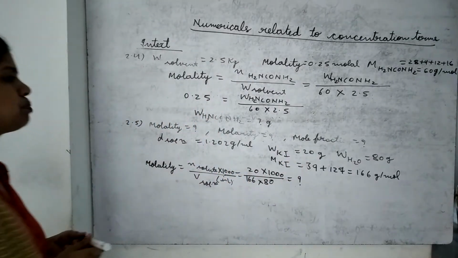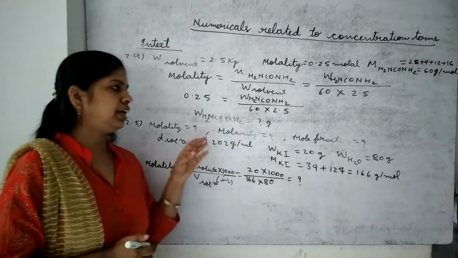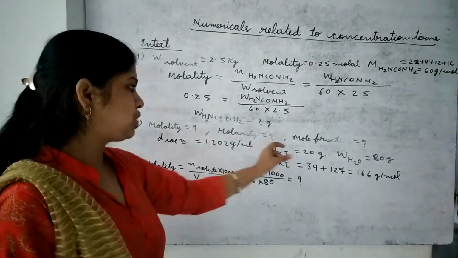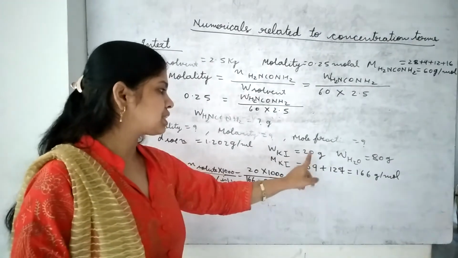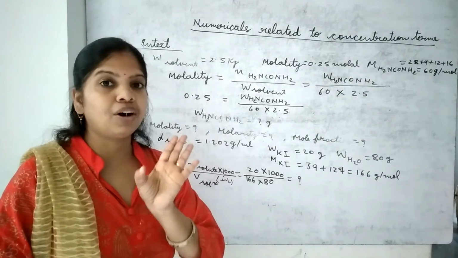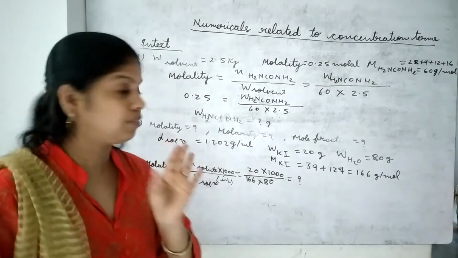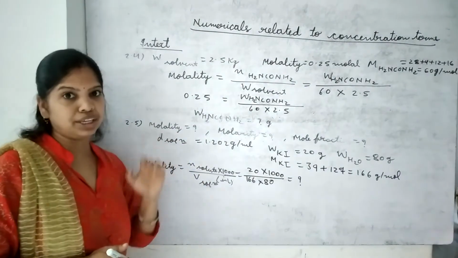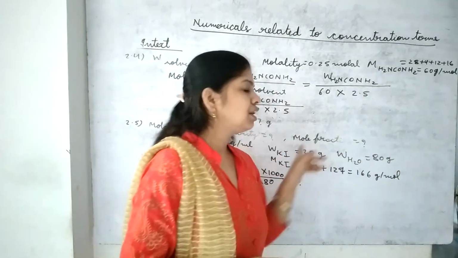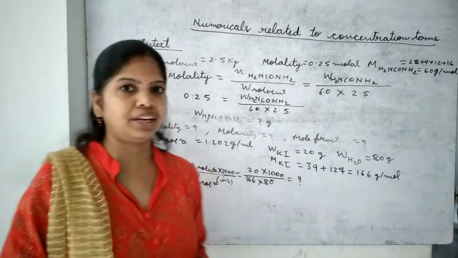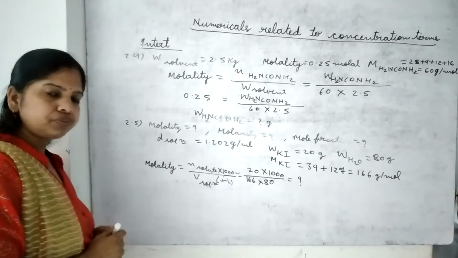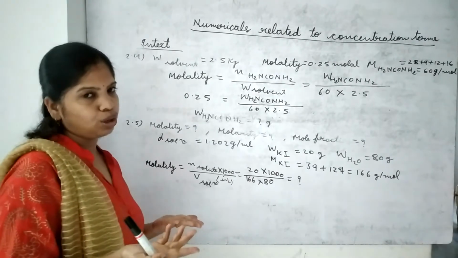Now the next term is molarity. For molarity, we require number of moles of solute, which we already have, mass given by molar mass, and another one is what? Volume of solution in liter. Density of solution is given, and mass of solution also. Total is 100 grams, so mass of solution is 100 gram. Through this we will find volume of solution.